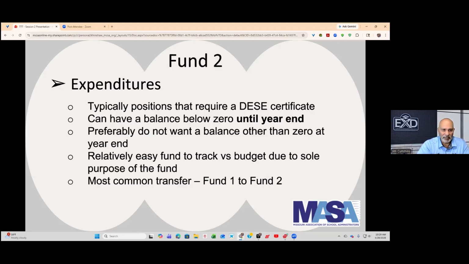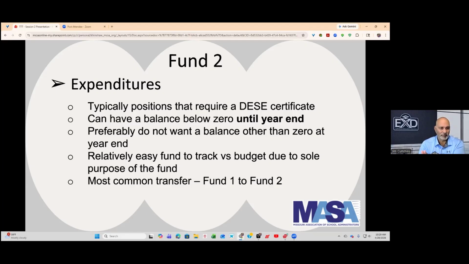One of the things that's nice about Fund Two is it's relatively easy to track versus budget due to the sole purpose of the fund. In other words, you're really only dealing with wages and benefits, so you can sort and get to those funds pretty quickly. School business is very cyclical.